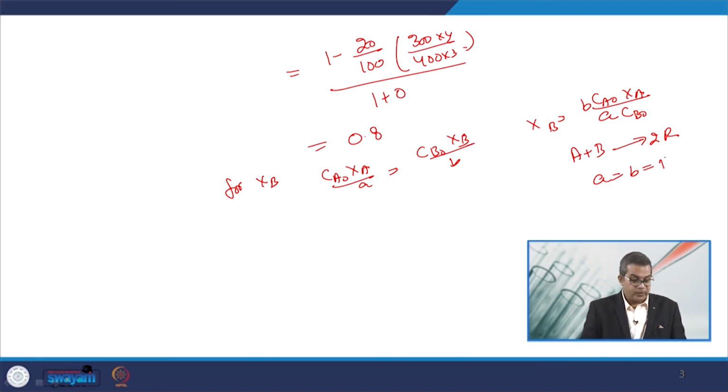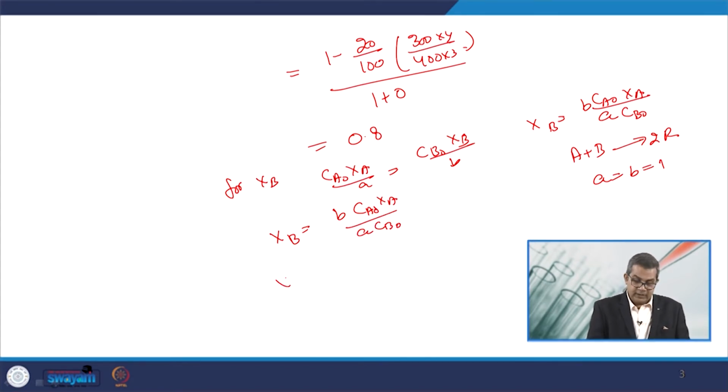Substituting in this equation, Xb becomes 1 into 100 into 0.8 upon 1 into 200, that is equal to 0.4.